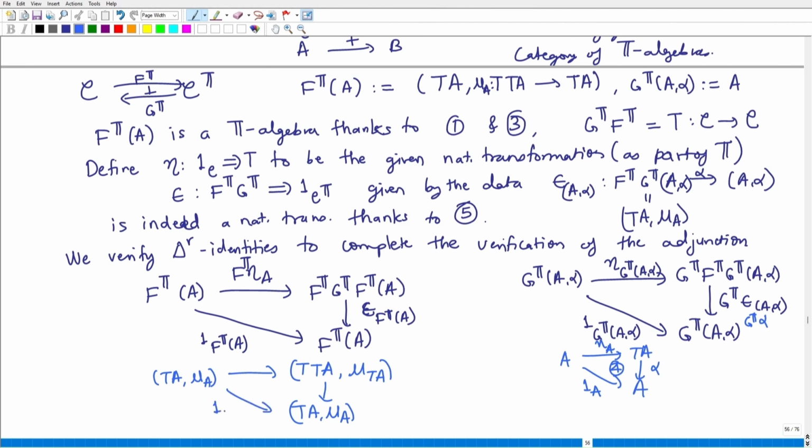And this is 1_{TA}. This is just 1_{(TA, μ_A)}. Okay, what is the vertical map? ε of (TA, μ_A). That is just μ_A. And horizontally, F^T of η_A. So G^T α. That is, G^T α is just α.